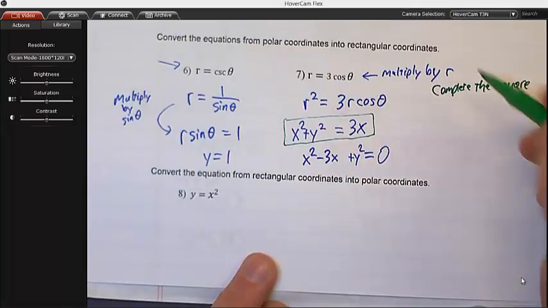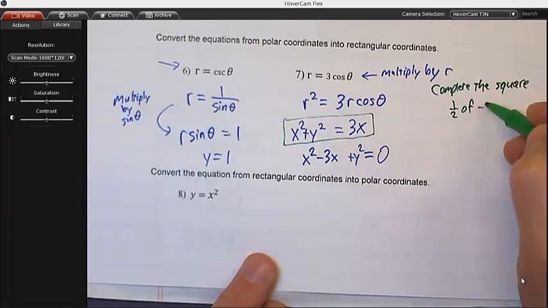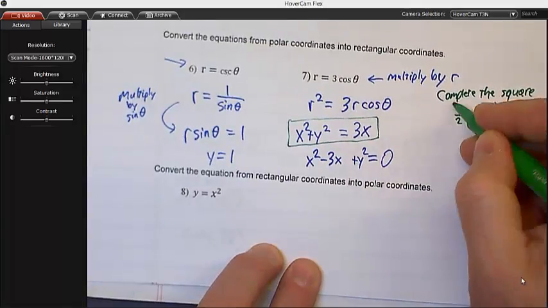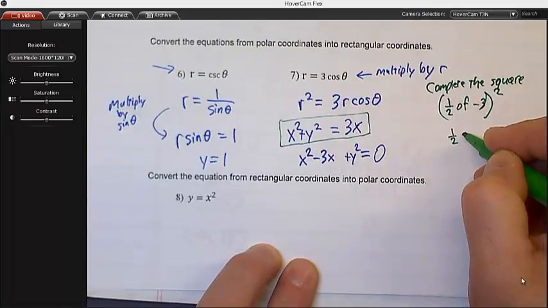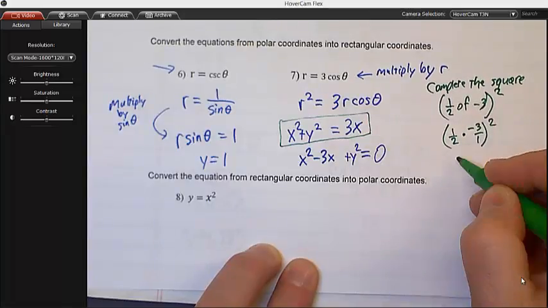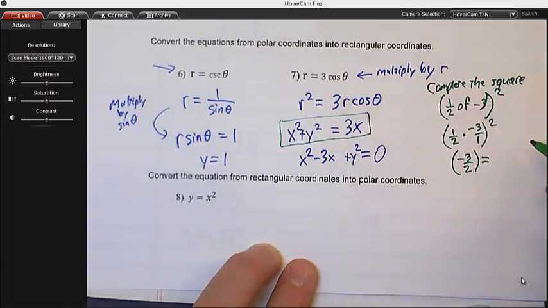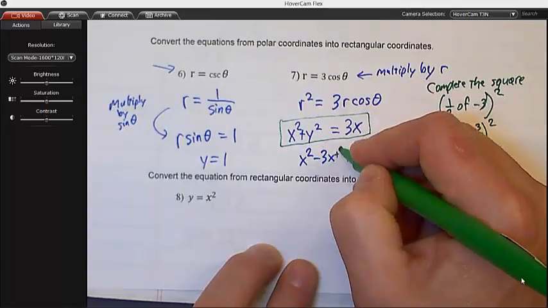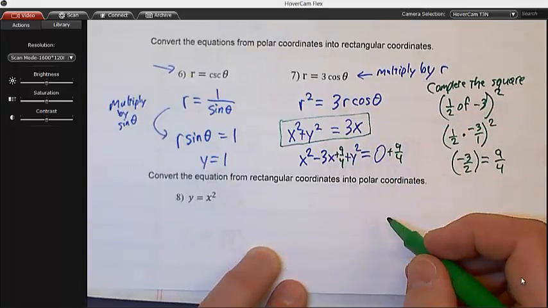So I always love it when I see completing the square. You do half of the negative 3, squared. And of course, that means what? Negative 3 halves squared equals 9/4. And so, wow, I'm out of room.